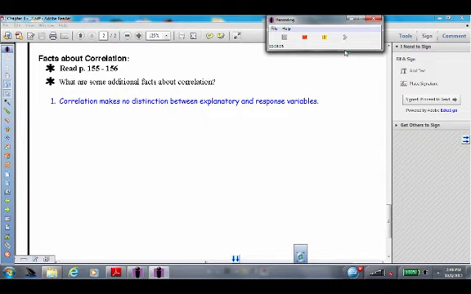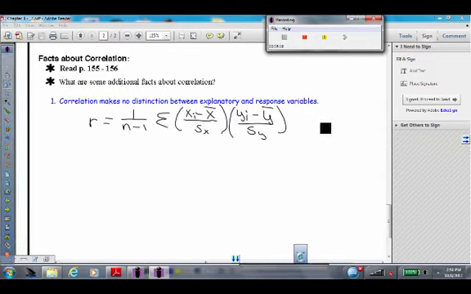It makes no difference which variable you call X and which one you call Y when you're calculating the correlation. You can see in this formula why that's true, because it doesn't matter if I multiply this times this or multiply this times this. It's the same number. So it doesn't matter which variable is X and which variable is Y.